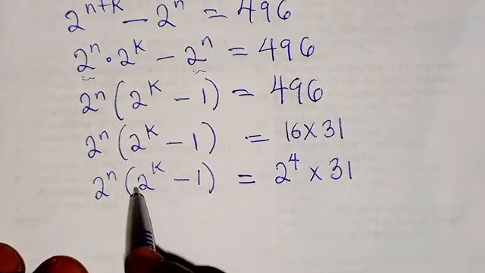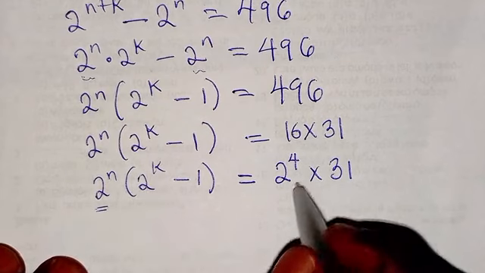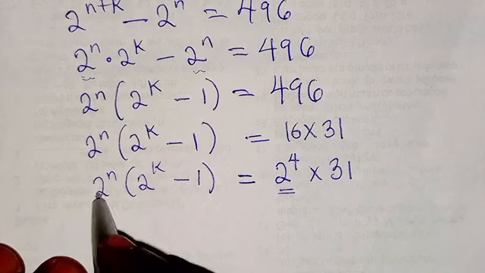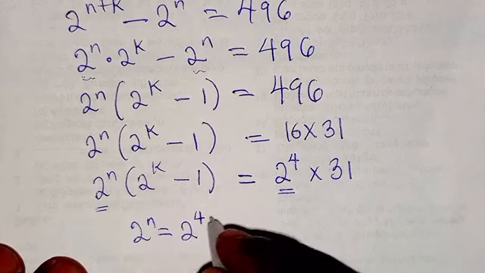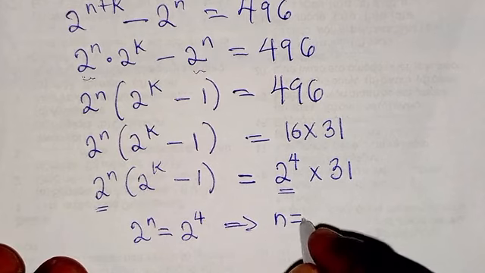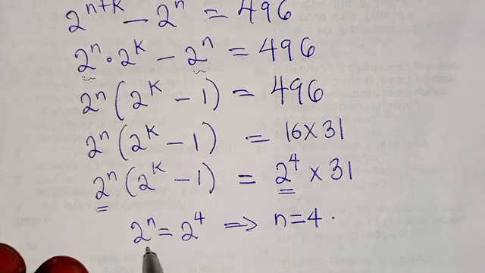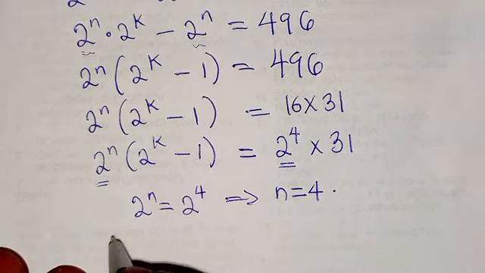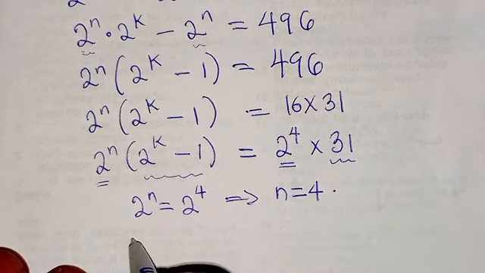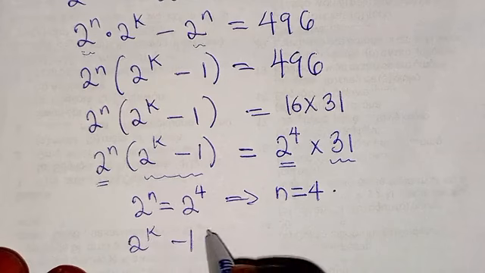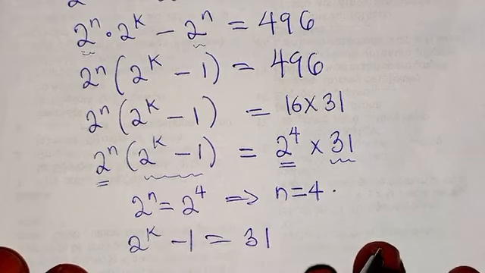Now from there, we can compare this and this together because they have the same base. We have 2^n equals 2^4, which implies that n equals 4 because the bases are the same. Then we also compare this one and this one too. So we have 2^k minus 1 equals 31, right?